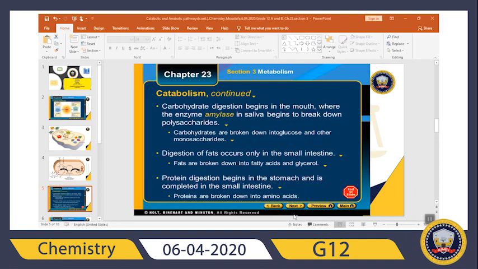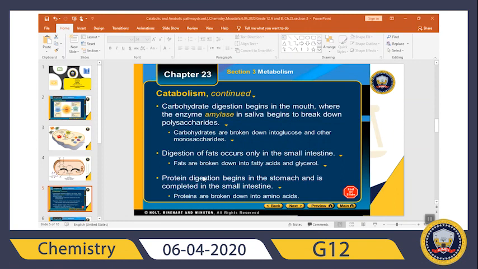Starting with carbohydrates, they start to be digested in our mouth through saliva, because our saliva contains amylase enzyme, which begins to break down polysaccharides, meaning the starch, to disaccharides.